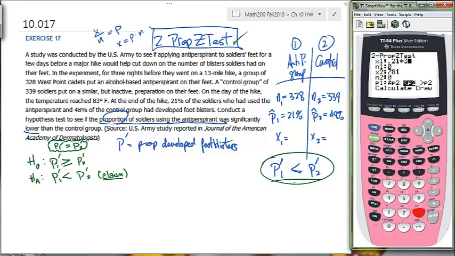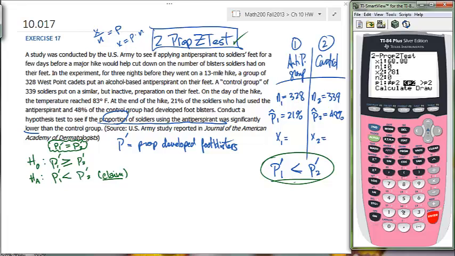328. Now, unfortunately, if you left your answer as 68.88, your calculator will not be happy about that. I'm just going to temporarily leave it like that just to show you what kind of error we're going to get.